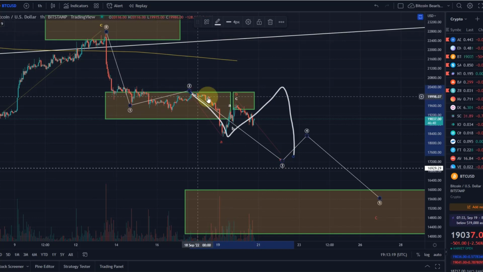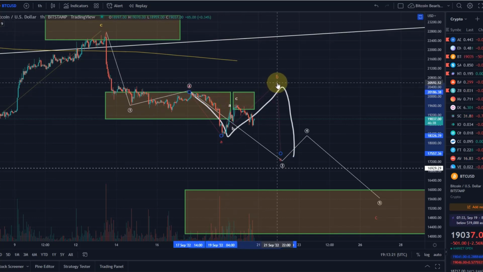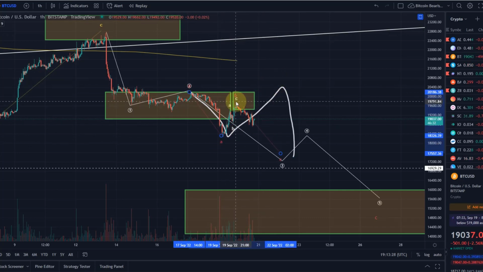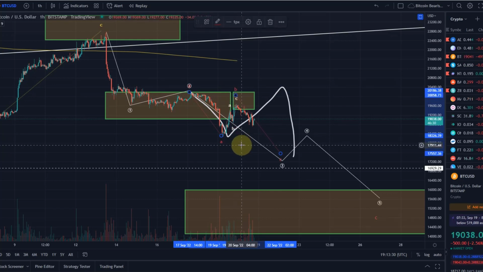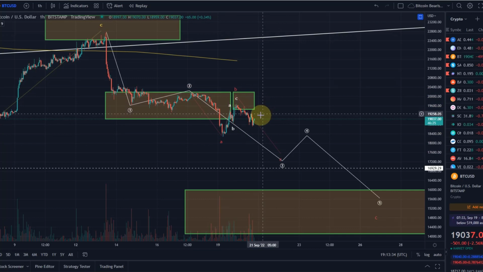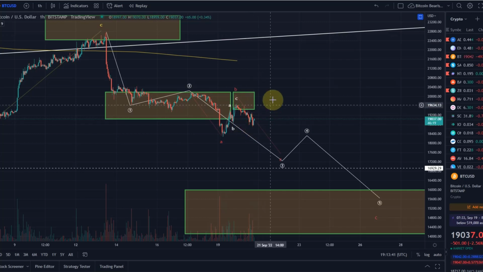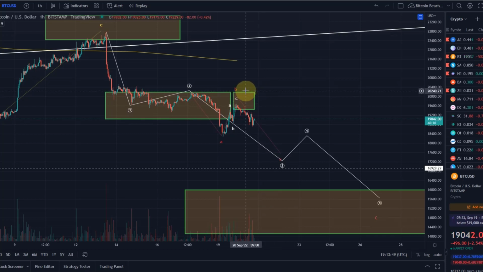So that wave B is going to be up here, and we have a larger ABC within it, if that makes any sense. Probably not, and you might be completely confused, but I just want to point out that there is definitely a chance that this will make another leg up before we come down in a wave 3. And ideally, that leg up is constrained by 20.2k.